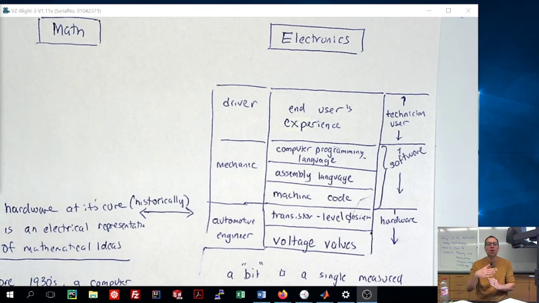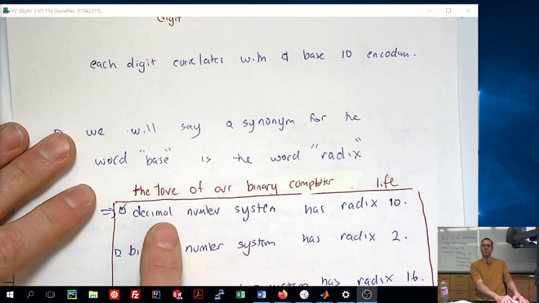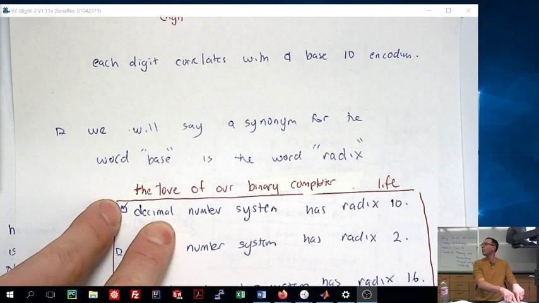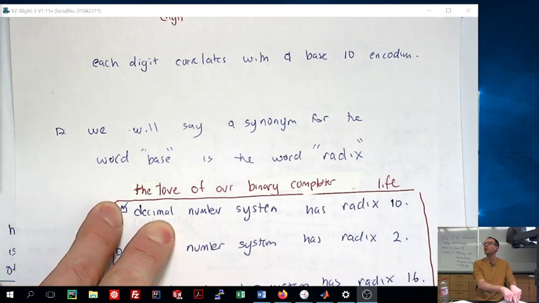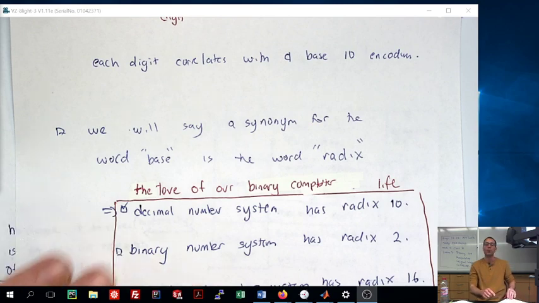So I think this is a good place to stop today. Next time that we see each other, can you guess what we're going to start with? Yep. Today we did unsigned decimal integers. Next time we work together, we're going to do binary numbers.